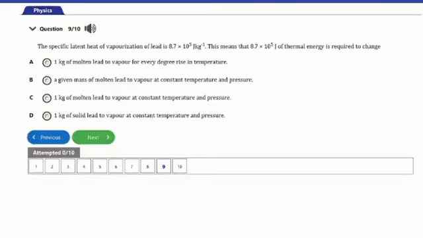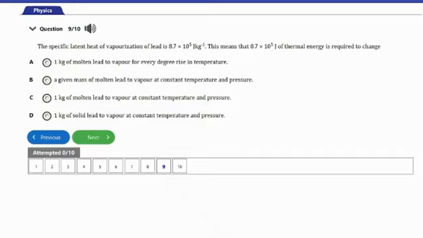So guys, the next question we have here is question number 9. It says, the specific latent heat of vaporization of lead is 8.7 times 10 to the power of 5 joule per kilogram. This means that 8.7 times 10 to the power of 5 joule of thermal energy is required to change A. 1 kg of molten lead to vapor for every degree rise in temperature.